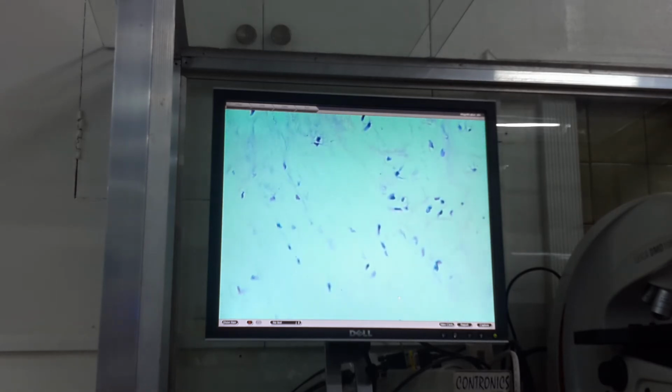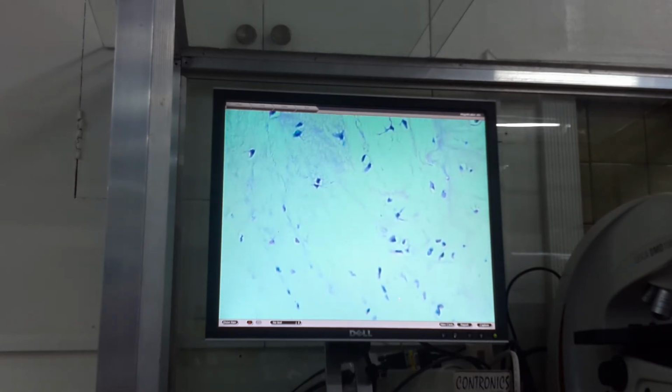Okay, does it show pleomorphism and hyperchromaticity? It does not. Correct? Look at the cells. It is lacunated. Correct? Lacunated cells, just as what you see in the chondrocytes. Those are enclosed in lacunae.